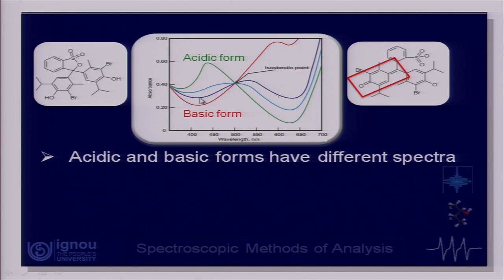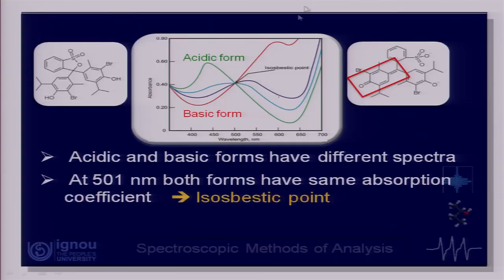So, this goes on decreasing with the increase in pH, and this band goes on increasing. We find that there is an equilibrium between the two forms. In such cases, there may be a certain wavelength, say in this case about 501 nanometers.